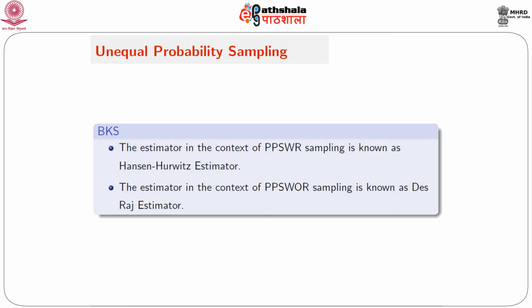This estimator in the context of PPS sampling was proposed a long time back by Hansen and Hurwitz, and it is known in the literature as Hansen-Hurwitz estimator, HHE, averaged in the context of with replacement PPS sampling. Now, in the context of without replacement sampling, the estimator based on averaging of E1, E2, E3, etc., is known as Desraj estimator.